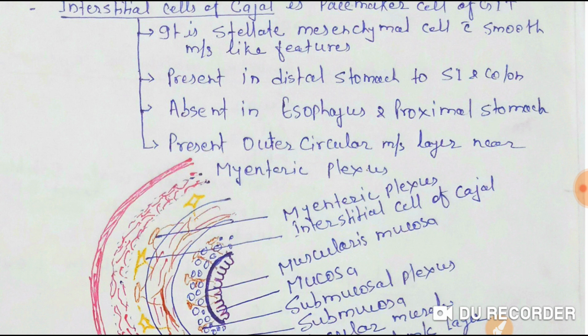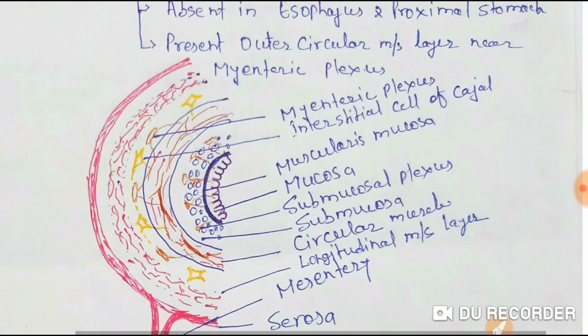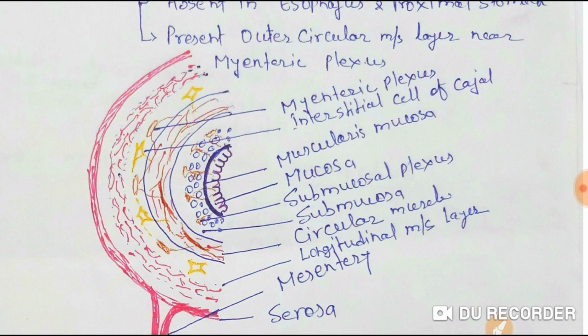I have already mentioned the image of the GIT cross section, and some important features are there. So for you this is a very important image.